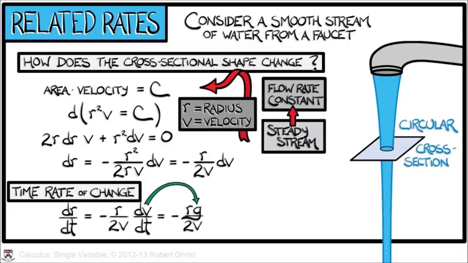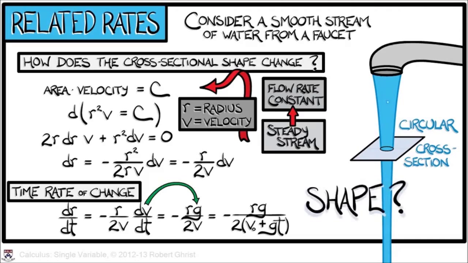Well, since dv/dt is a constant, since the water is falling under the influence of gravity, dv/dt is exactly g. And so we get dr/dt equals negative r times g over 2v. We could simplify that, knowing what we know about v, to negative r times g over 2 quantity v naught plus g times t, where v naught is the initial velocity coming out of the faucet.